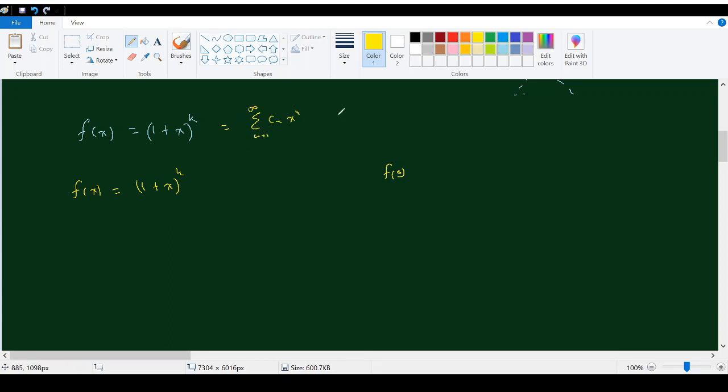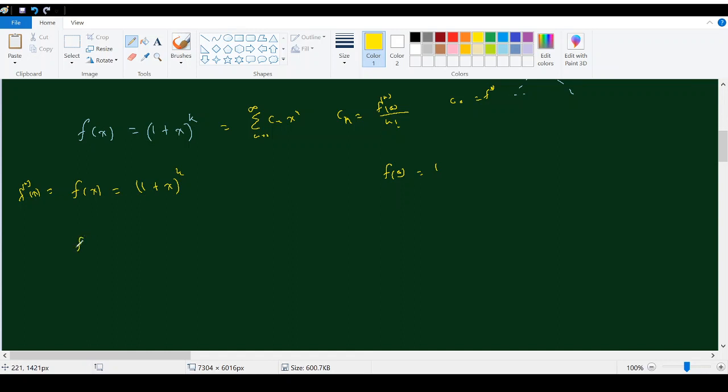In order to calculate c_n, we will need the derivatives of f evaluated at 0, right? The first number, f(0), is the 0th derivative, which is just the original function, and if you substitute 0 here, it will be 1.